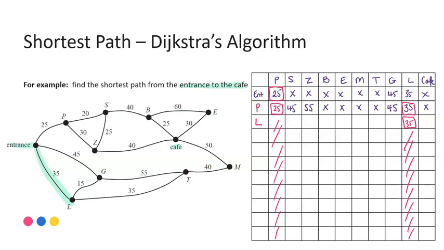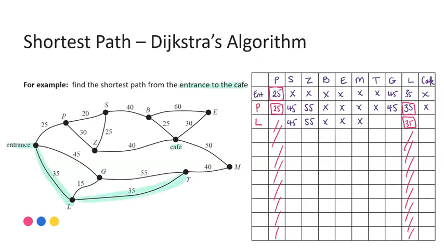So there's no connection from L to S, but we already know there is a path of 45. No connection from L to Z, but there is a path of 55. No connection to B, E, M. There is a connection to T.